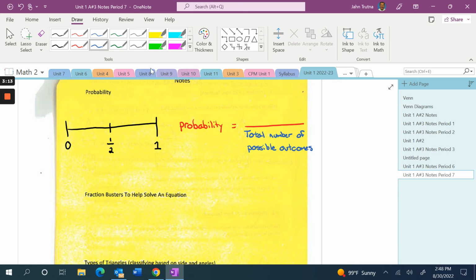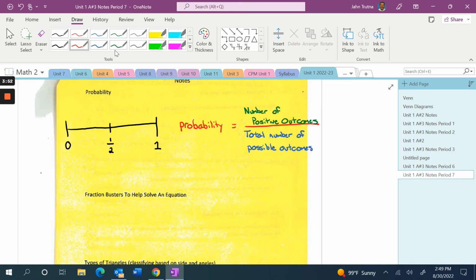And the numerator is the number of positive outcomes. And we're going to talk about in a second, what does it mean for something to be a positive outcome? Essentially, it means it's what you want to happen.